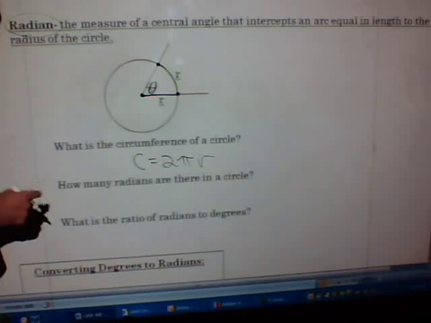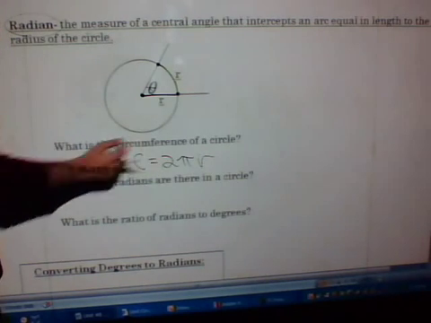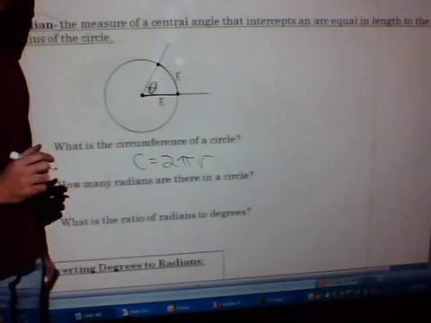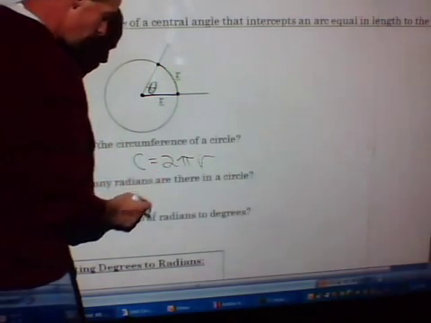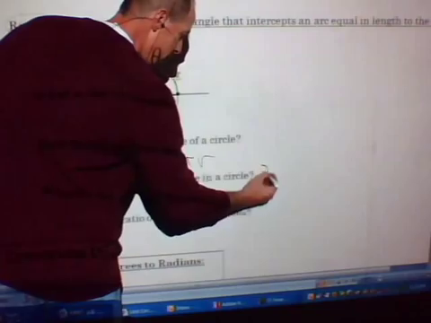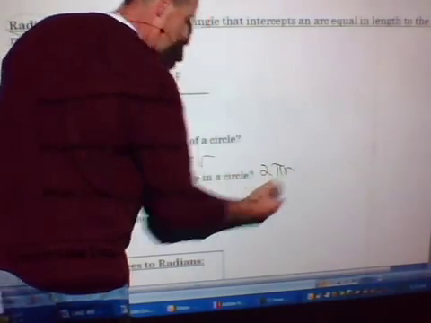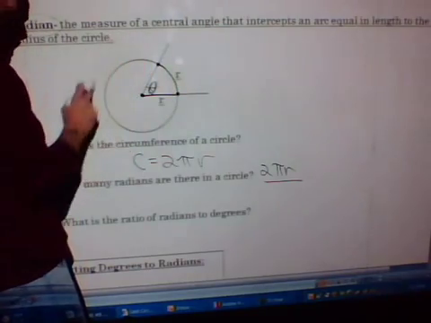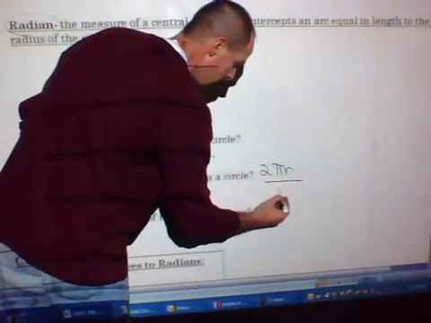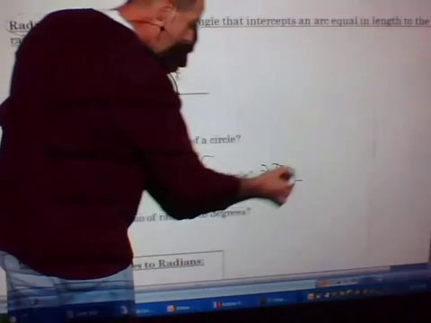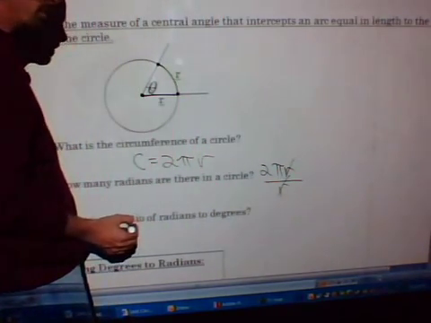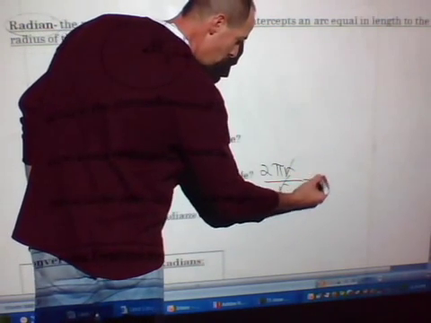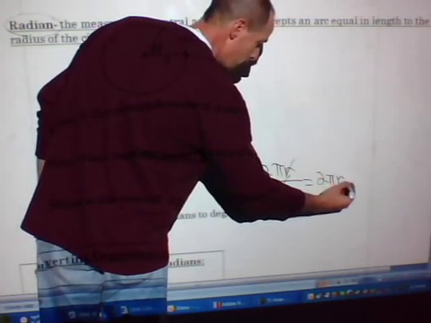Okay. Now, how many radians are there in a circle? Well, we know a radian is measured by the radius. So in order to find how many radians, you would take 2 pi r, which is the circumference, and divide that by how many radiuses there are as you measure it around. We're dividing by r, so the r's cancel, which gets you 2 pi radians.